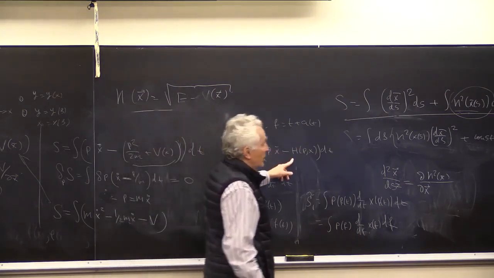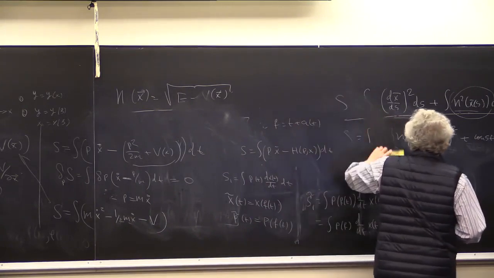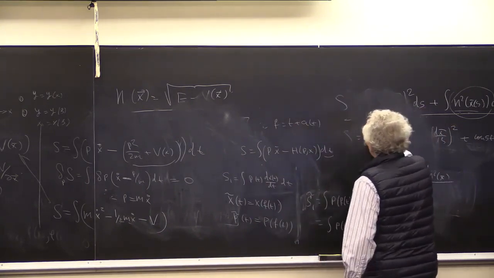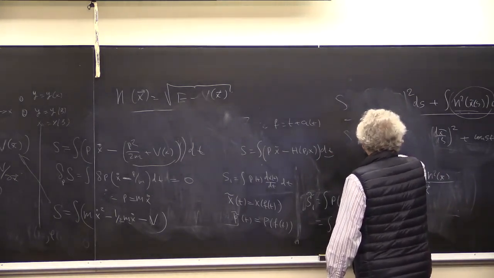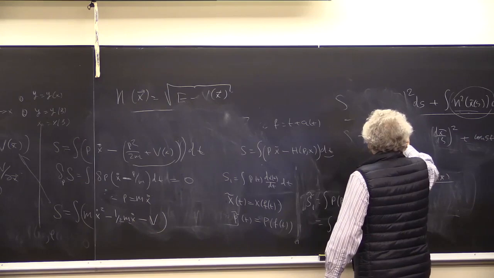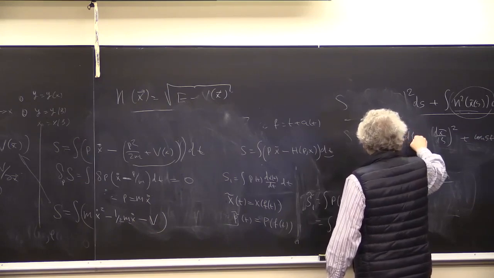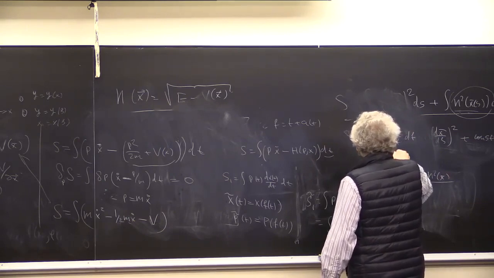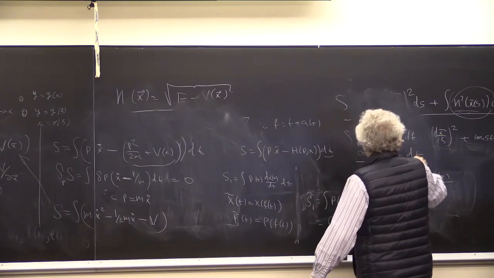While the second term will contribute, and it's quite obvious what it will contribute. It has dt in the numerator, so it will be h dt df, and it will be just h a dot dt.